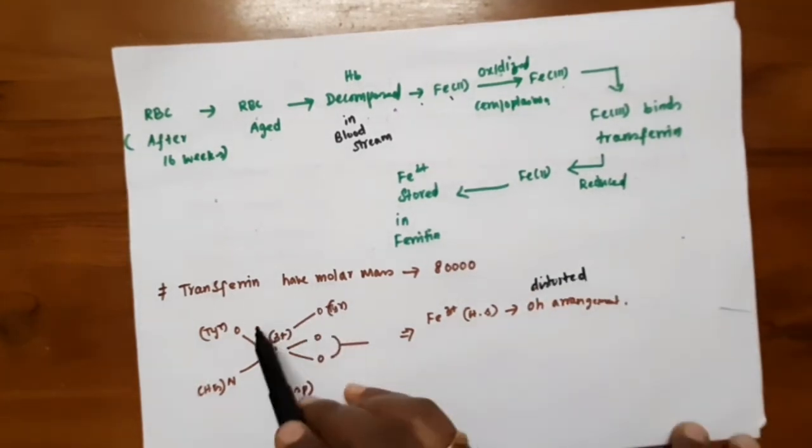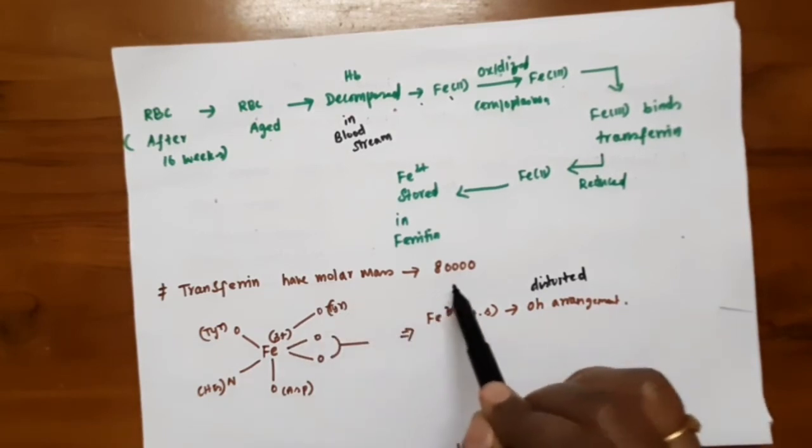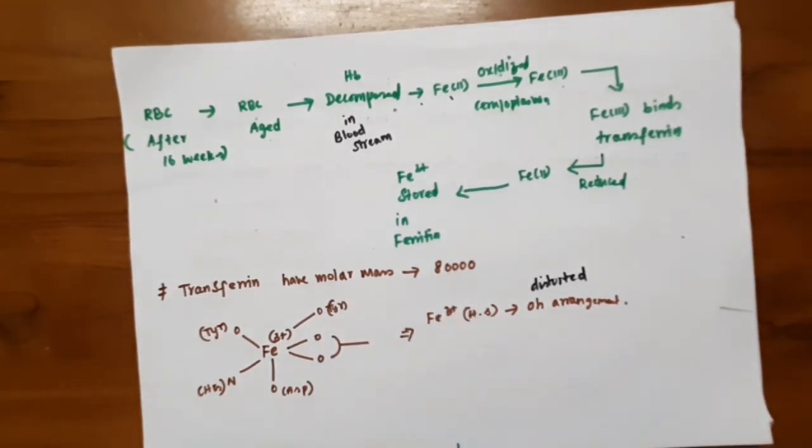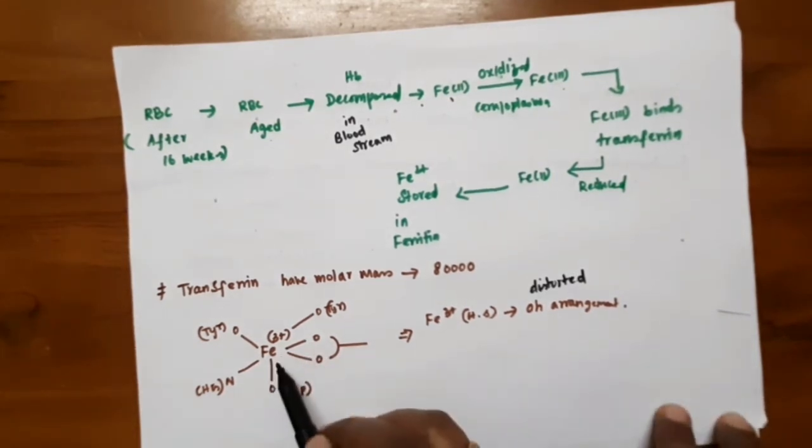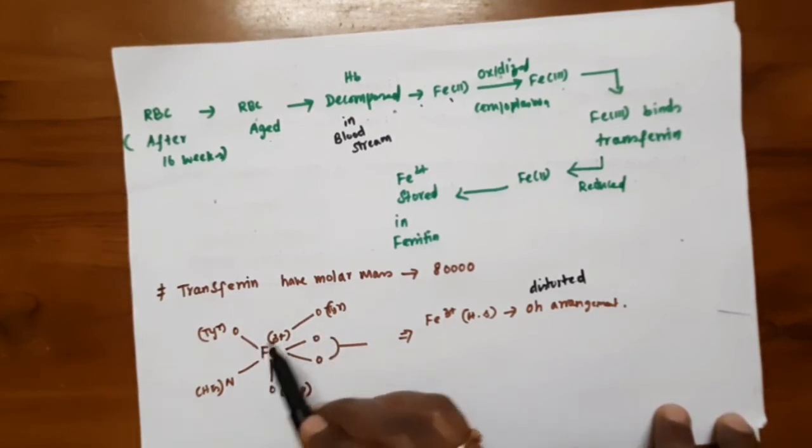This transferrin has a molecular mass of around 80,000. If we see the structure, this transferrin has iron in the +3 state, in the high spin state, with a distorted octahedral arrangement.